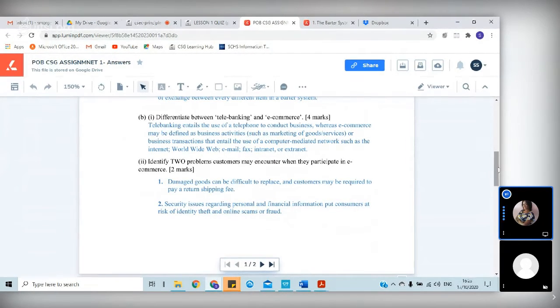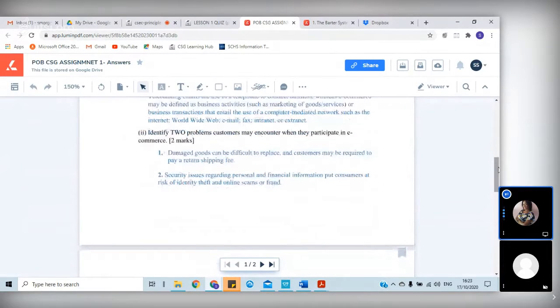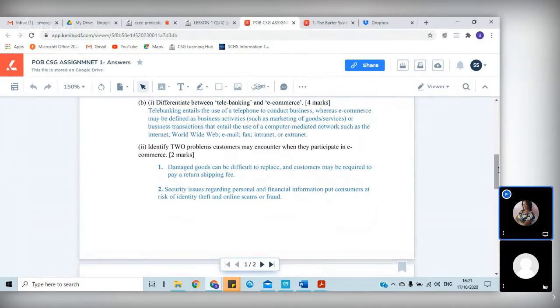All right, so the next question we have here, B2, identify two problems customers may encounter when they participate in e-commerce. What were your responses? An absence of online identity verification. Mm-hmm. You can't get to see what you're ordering face to face, and you might get the wrong order.